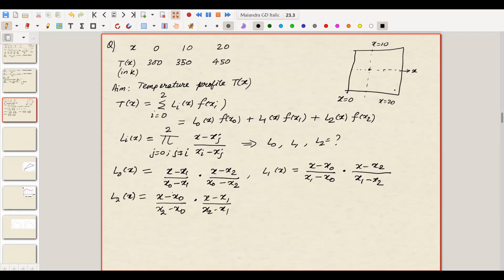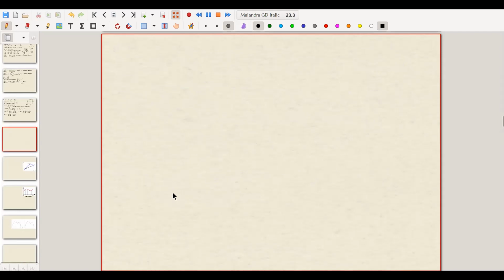Can you substitute all this x0, x1, and x2? You know x0, x1, x2, right? Those are given. x0 is 0, x1 is 10, x2 is 20. After you substitute all this, like I'm just writing, check it. L0 of x, you will get around 1 by 200 multiplied by (x minus 10)(x minus 20).